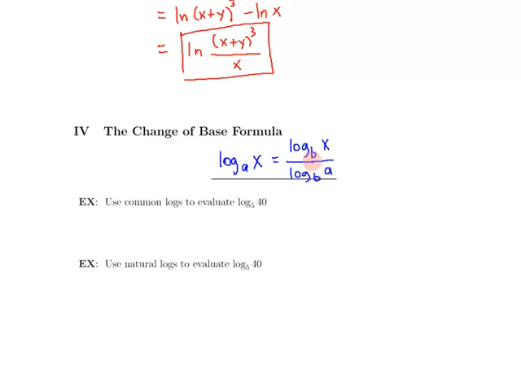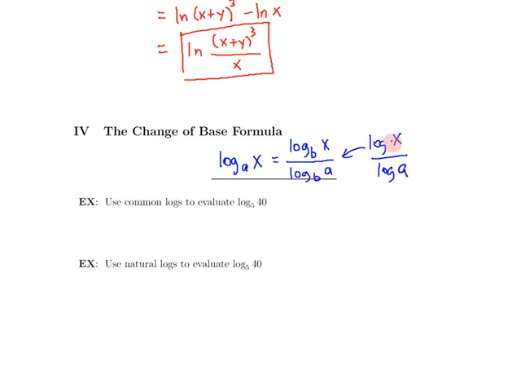Now what does that mean? That means we can take any one log we want. That is, we're trying to find log base a of x, and a and x are numbers in the problem. If we want to actually calculate it, we can use another log to get that answer. We don't have to use log base a to get the answer. We pick another log, take the log of the inside divided by the log of the base, and we've got it. So this could be log of x over log of a.